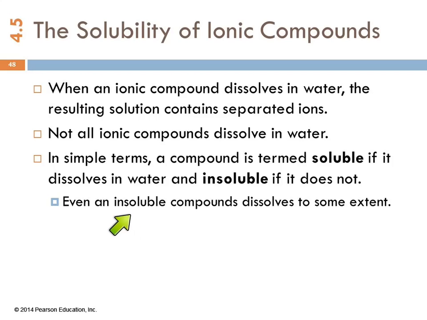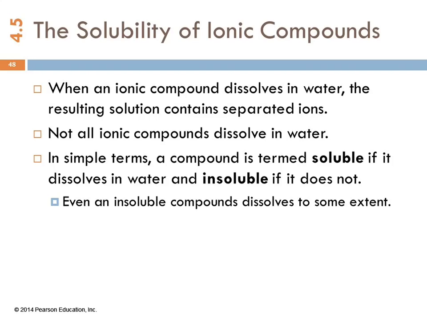Because even something that's termed insoluble dissolves at least a little bit. If you put a compound, say silver chloride, which is generally considered to be insoluble, in water, do you think there might be 1 silver ion and 1 chloride ion that might go off into the water?